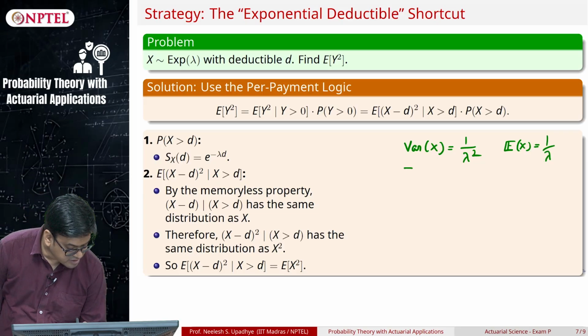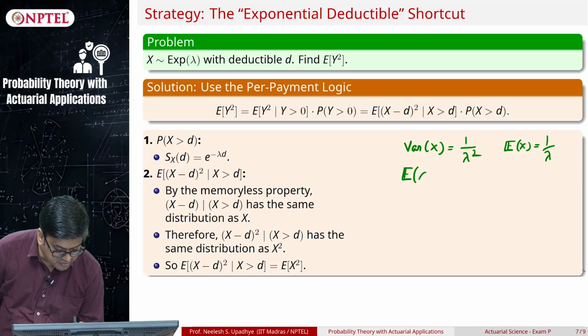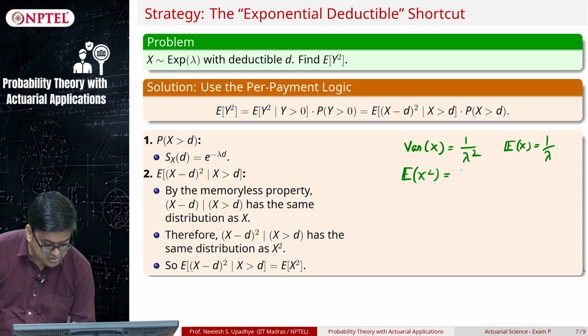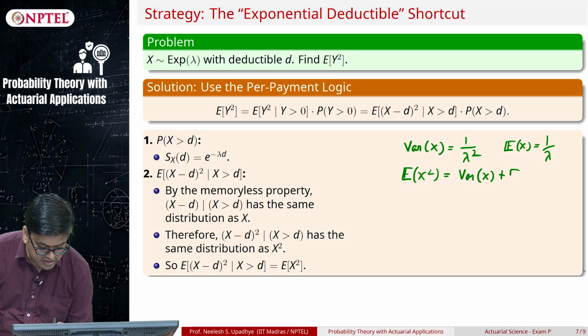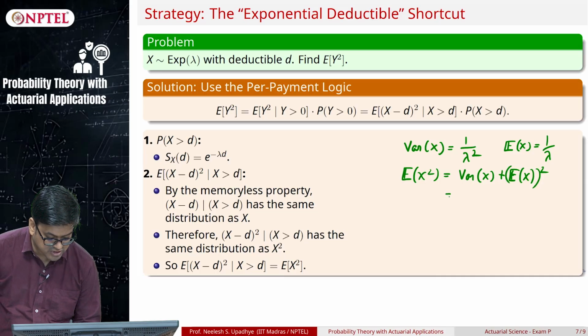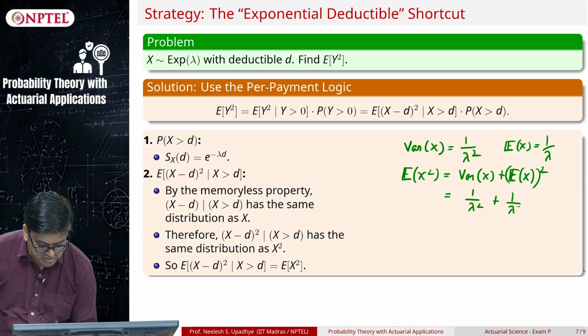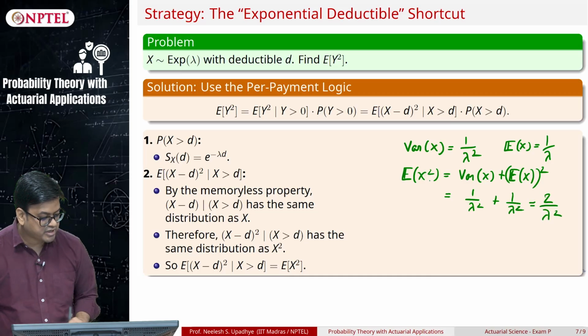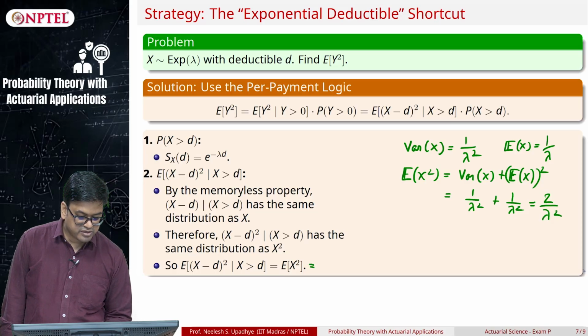But what I want is the expected value of x squared, which is nothing but the variance of x plus the expected value of x, the whole squared. So, it is 1 by lambda squared plus 1 by lambda squared, which gives me 2 by lambda squared. So, I know the expected value of x squared is going to be 2 by lambda squared.